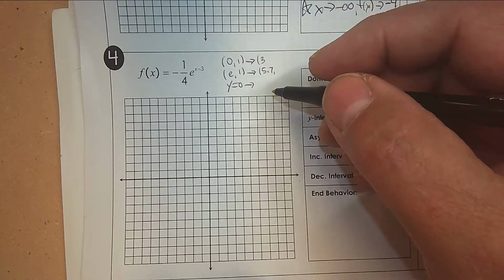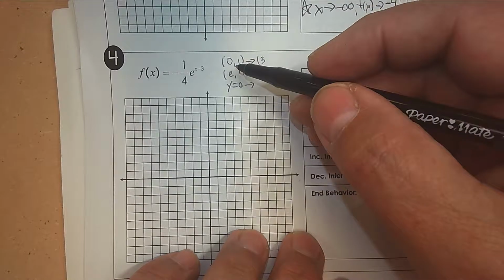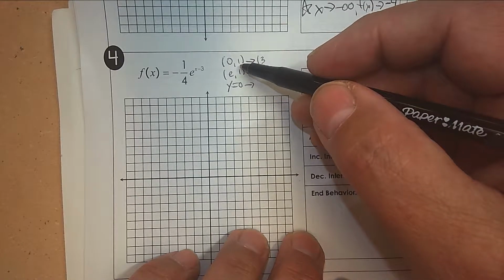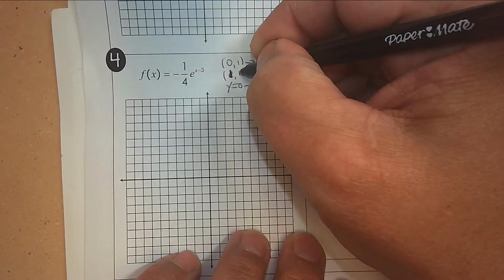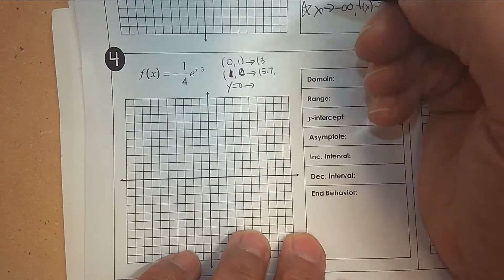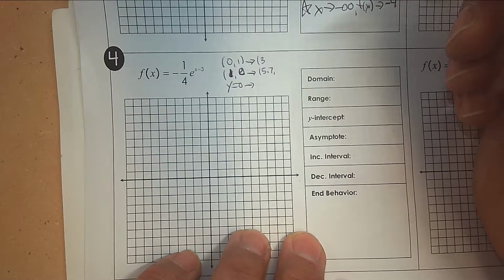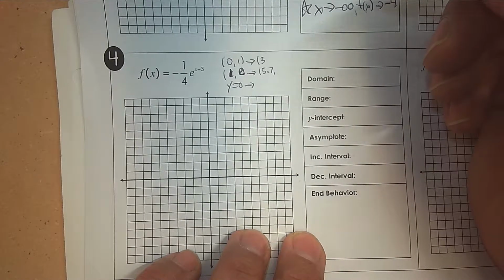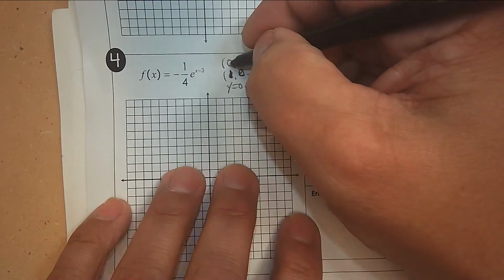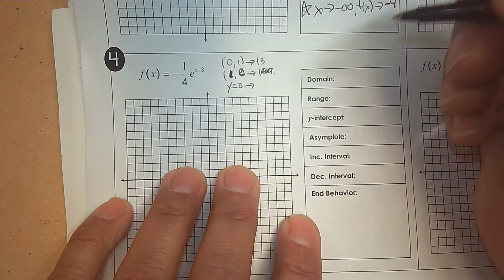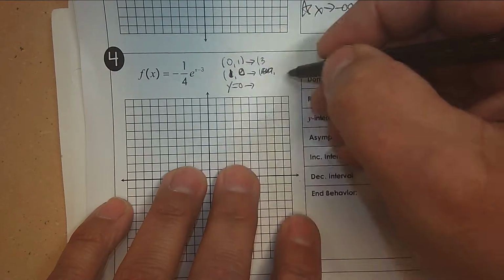Anyways, start with 0, 1, the base, which is, oh, I got this wrong, 1 and E, and y equals 0.